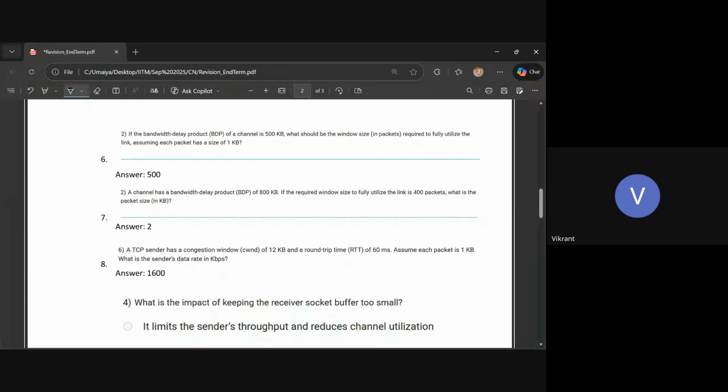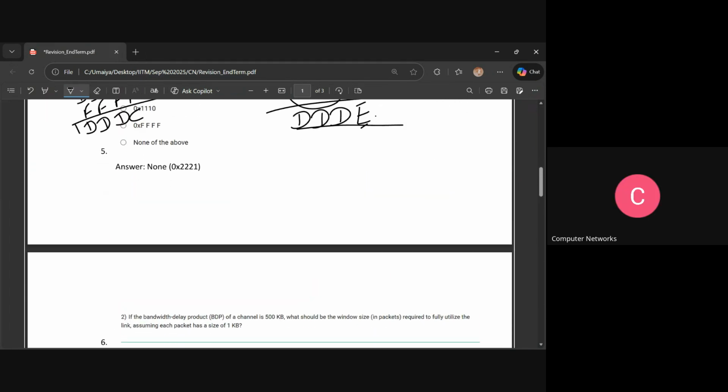Yes, it's clear, ma'am. Okay, so here comes the next question. If the bandwidth delay product BDP for a channel is 500 KB, what should be the window size required to fully utilize the link? Assuming each packet has a size of 1 KB, window size times packet size would be BDP. Here we need to find the window size, so the window size is BDP divided by the packet size.